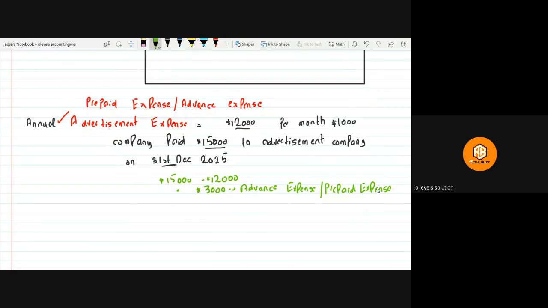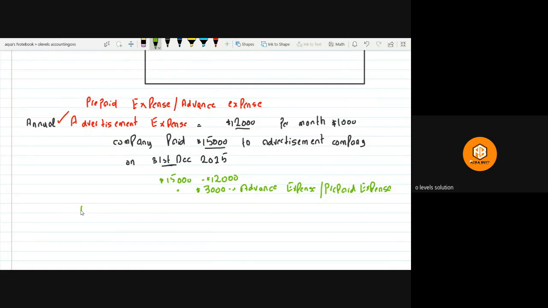I haven't received the service yet, because I'm standing on 31st December 2025. I haven't received any advertisement service from the advertisement company for the next months. I've just completed the 1 year. So this $3,000 is basically your prepaid expense.